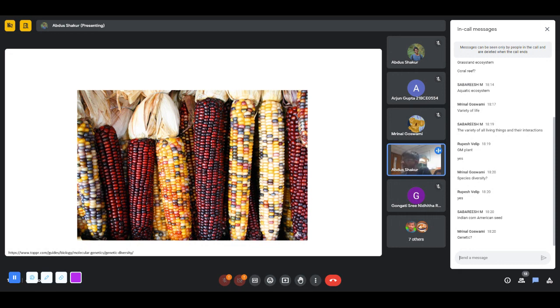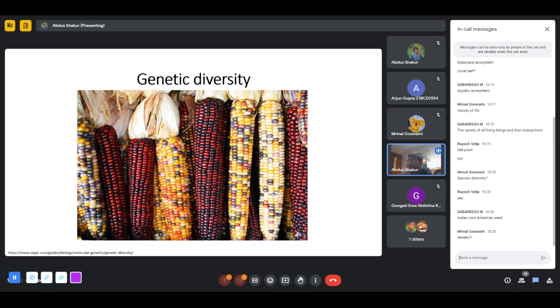Genetic diversity. Yes. Someone said Indian corn, American seed. Oh, that I'm not sure, I don't think it's that. But it shows that all of it is the same species, yet you are seeing diversity, represented here in terms of colors, which talks about genetic diversity, the diversity that different individual varieties have in their genetic makeup.